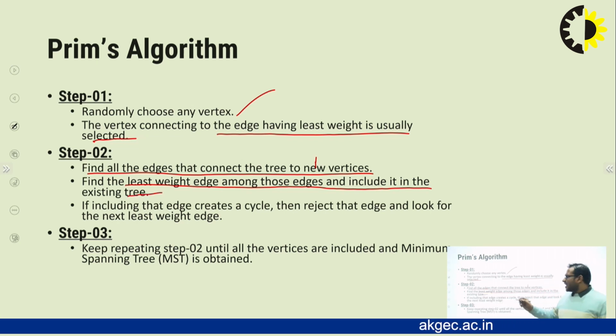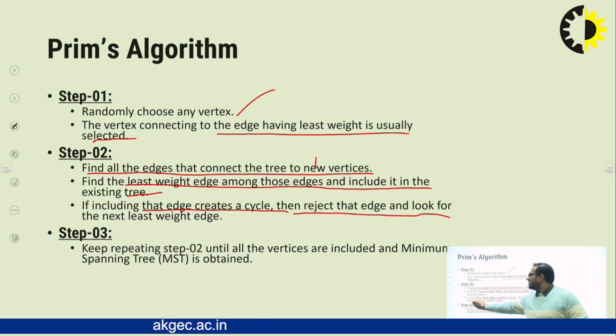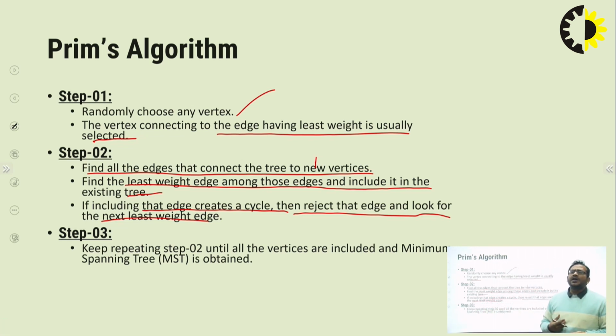And the last point: if including that edge creates a cycle, then reject that edge and look for the next least weight edge. The primary condition of a minimum spanning tree is that there is no cycle. Obviously, because when I say it is a tree, it means the nodes are connected in a tree form, but there is no cycle between them.